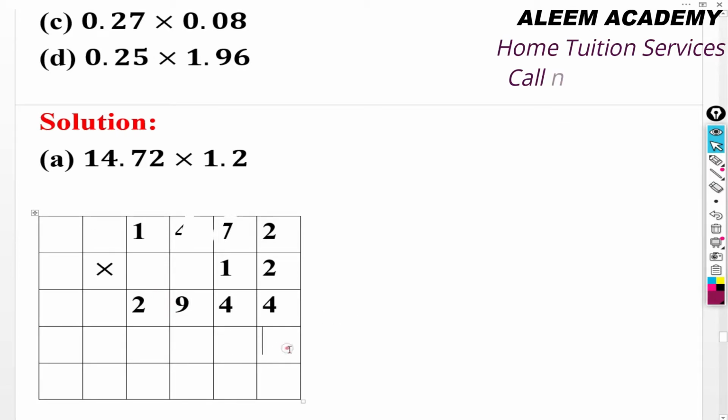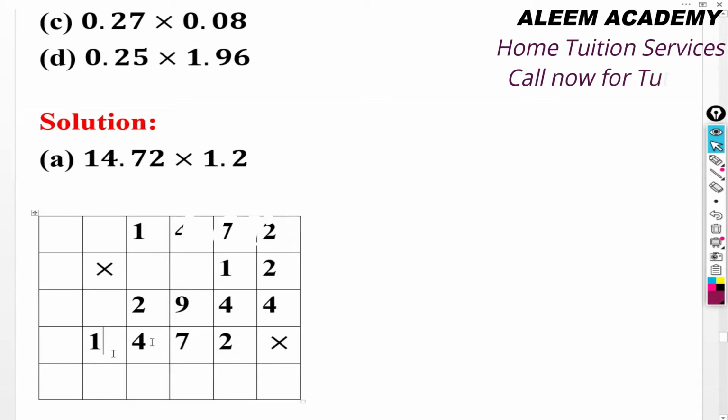Now put the multiplication sign here, and we will start from this box. Now 1 2 is 2, 1 7 is 7, 1 4 is 4, and 1 1 is 1.